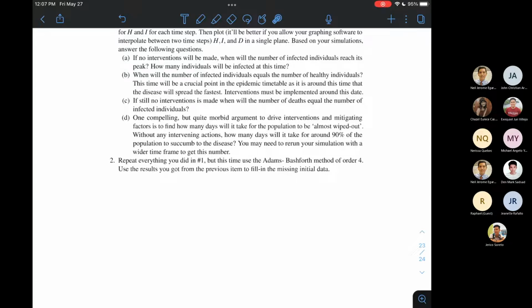Tapos, we want to see also, when will the number of deaths equal the number of infected individuals? Ito naman yung time kung saan medyo bumababa na yung transmission ng disease due to an unfortunate reason na umuunti na yung infected individuals kasi most of them were already dead due to the disease.